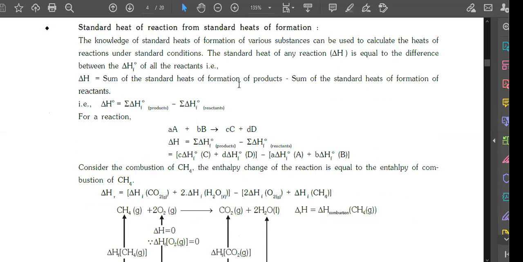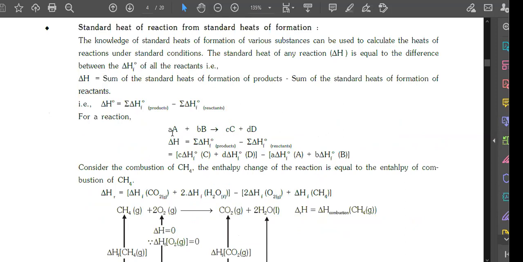So this is what we have studied, that the net enthalpy change of any reaction is the sum of heat of formation of products minus the sum of enthalpy of formation of reactants. Heat and enthalpy both are the same, that's why I'm just using either of the two. So for example, I've already given you this example in the last class.